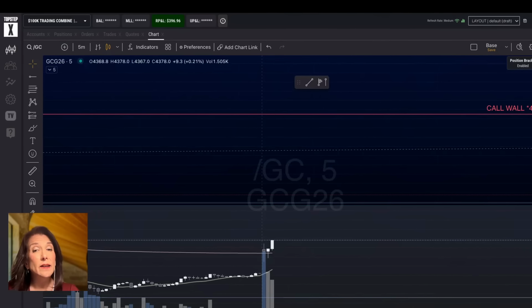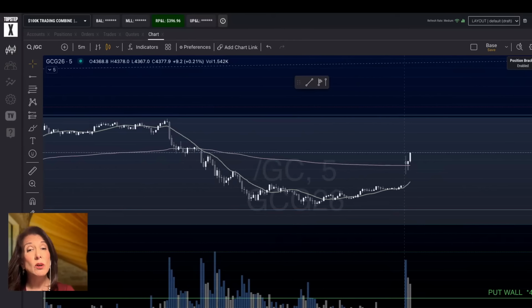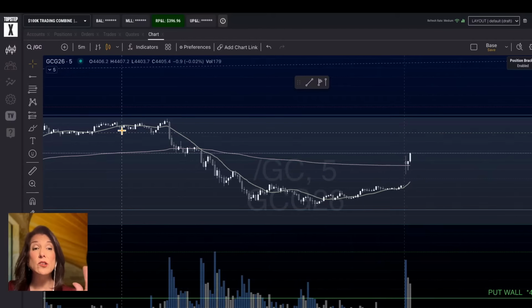I understand that might be something you want to do. We all want to find a reliable floor, but all we can do is look at probabilities.